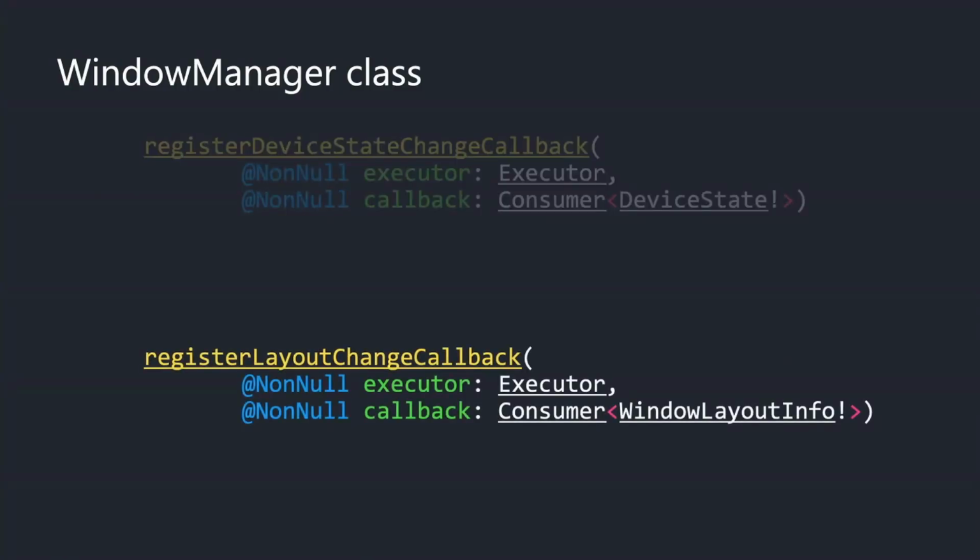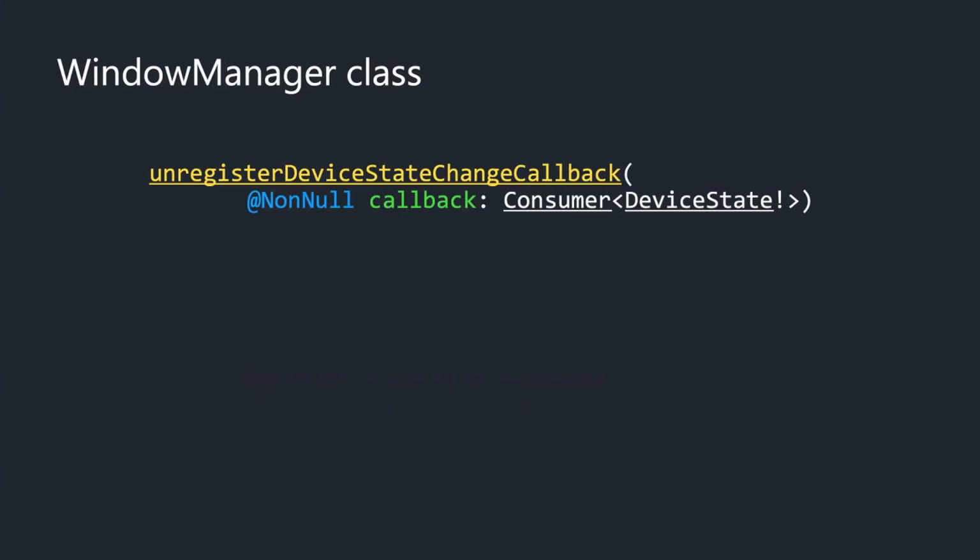Another one is register layout change callback. This callback will be called when the layout of the windows of the current visual context changes. Like the other callback, just don't forget to unregister them when you don't need them.